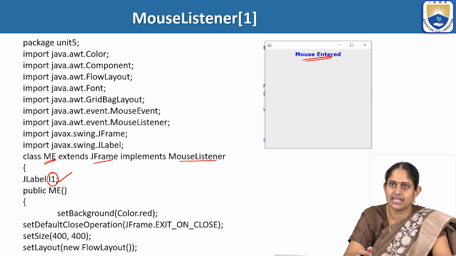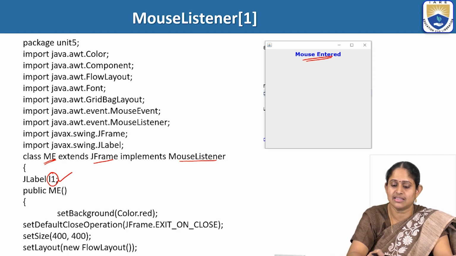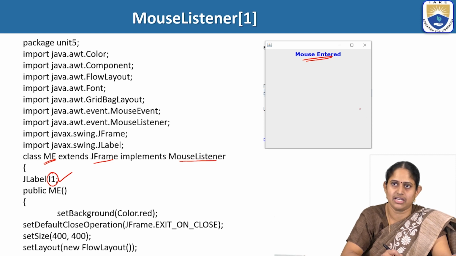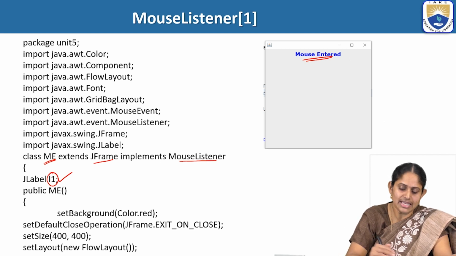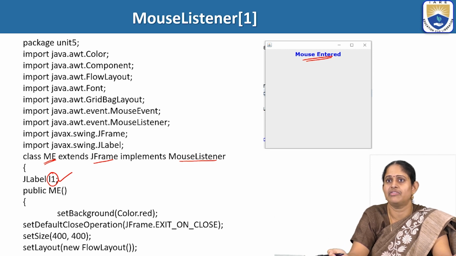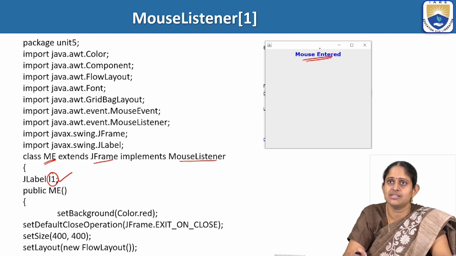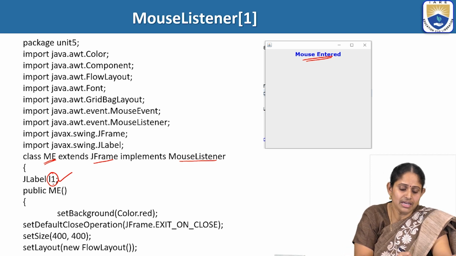This whole square or window is represented by the JFrame, and whenever the mouse pointer enters this window, this frame, we will display the message mouse entered. In case the mouse has exited the window, the label will be changed to mouse exited. To display those messages, we make use of the label L1.